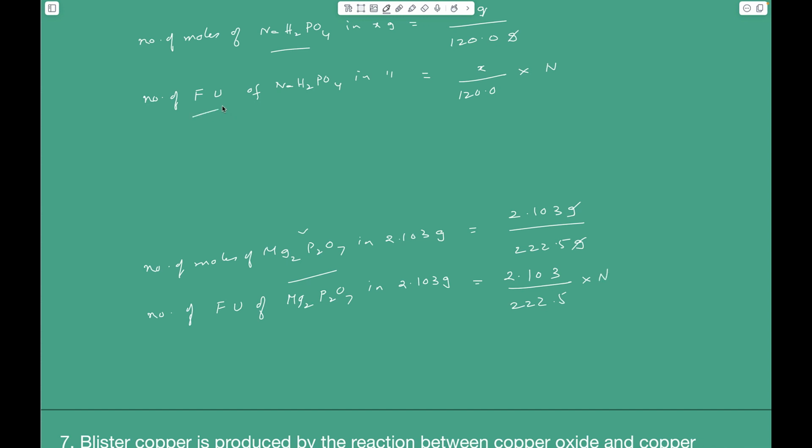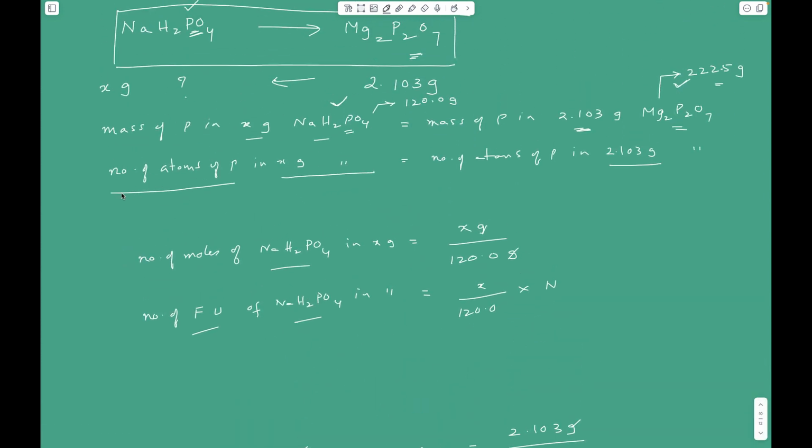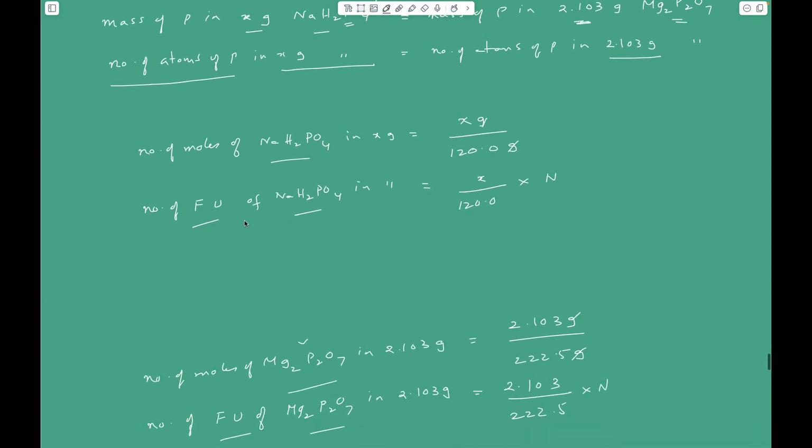Now these are the formula units of monosodium phosphate. These are the formula units of magnesium pyrophosphate. But what we are looking for is the number of atoms of phosphorus. See, in each formula unit there is only one phosphorus atom. So if you have so many formula units, how many phosphorus atoms would you have in all of them put together? You have to multiply it by 1, right? Because in each formula unit there is only one phosphorus atom and we have so many such formula units.